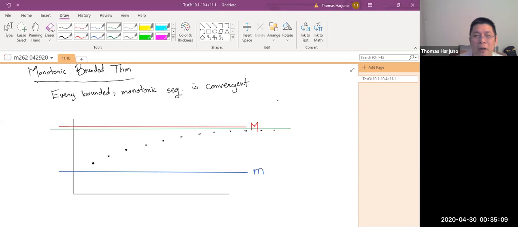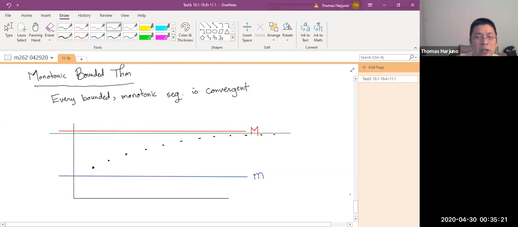Now, this monotonic bounded theorem is very, very strict. I will loosen this theorem a little bit. If you think about it, we can actually see this in two possible cases.